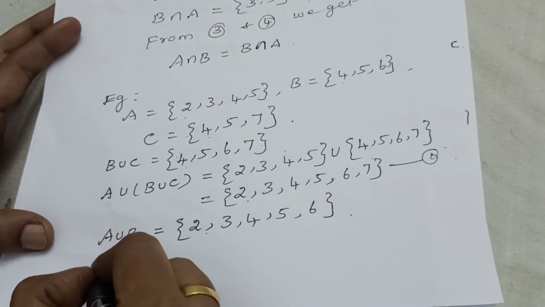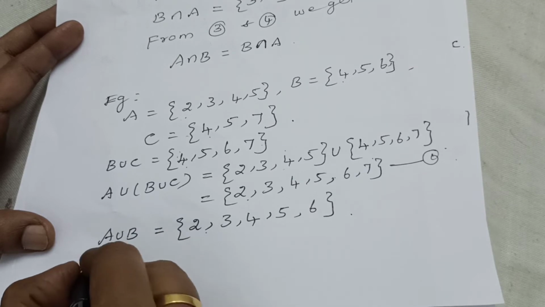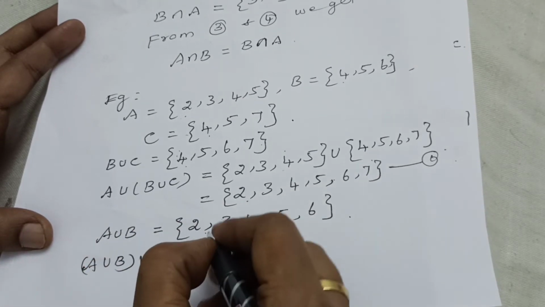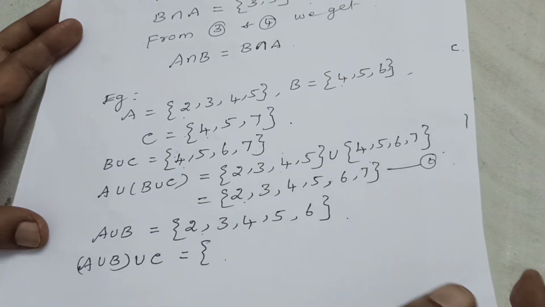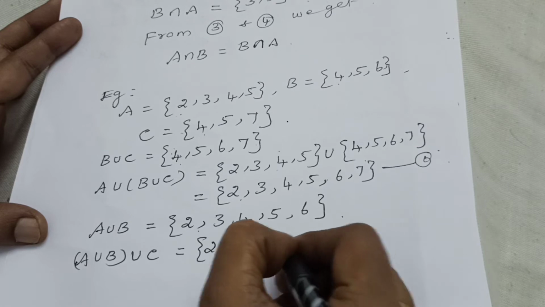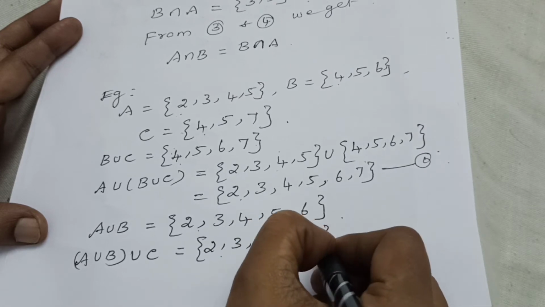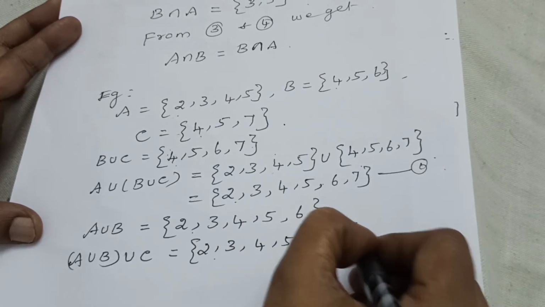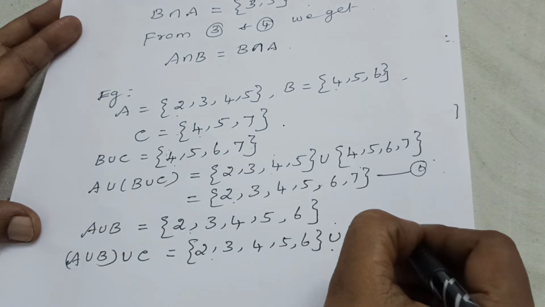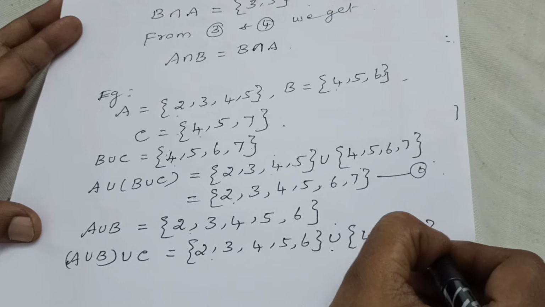Close the bracket, then union C. A union B, what are the values? 2, 3, 4, 5, 6. Then union C, what are the elements? 4, 5 and 7.